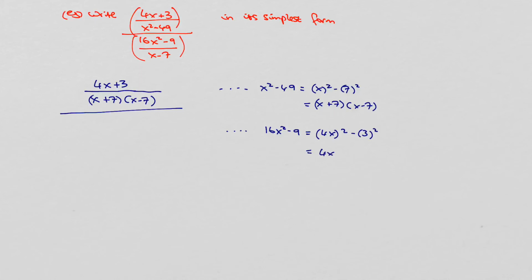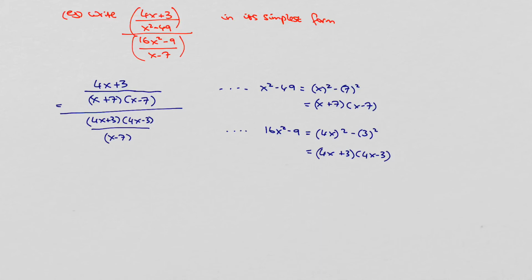So therefore that's (4x + 3)(4x − 3), and that's all over x − 7.